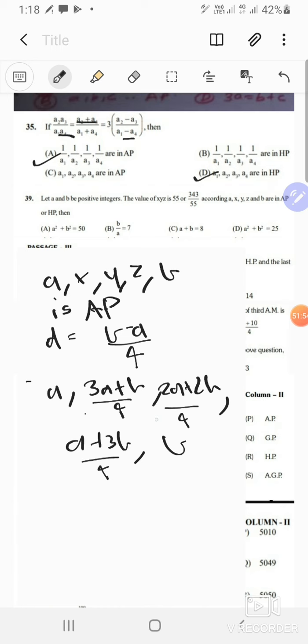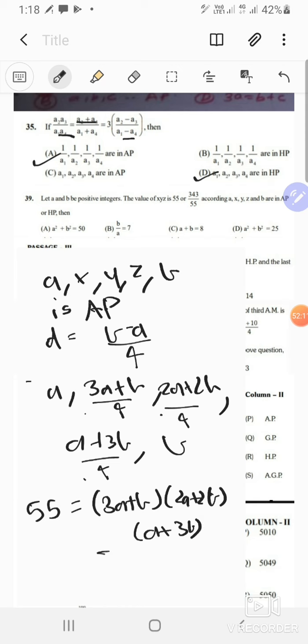Okay, these are the values of x, y and z. So that means that 55 is equal to the product of these. So that's going to be 3a plus b into 2a plus 2b into a plus 3b upon 4 cubed, like 64. Fine, no problem with that. Yes, so that should be nice.